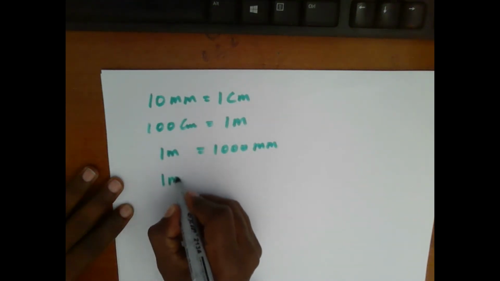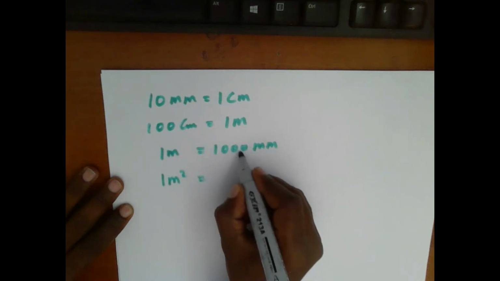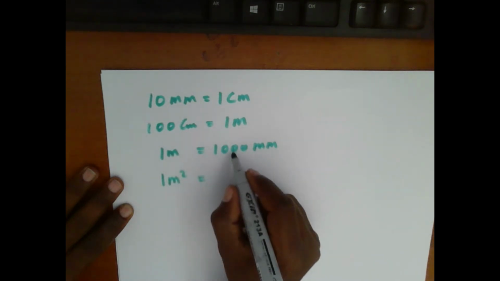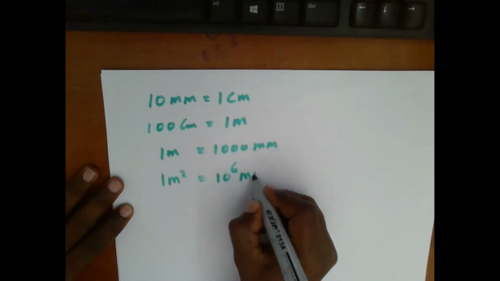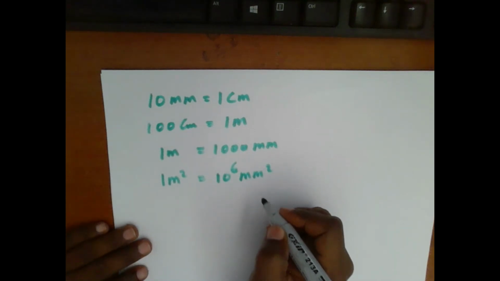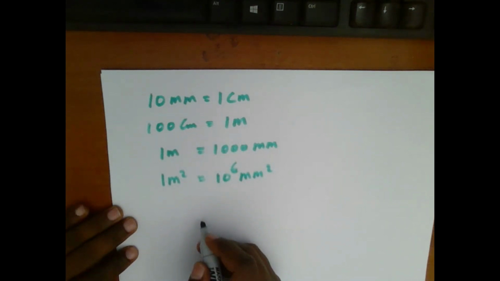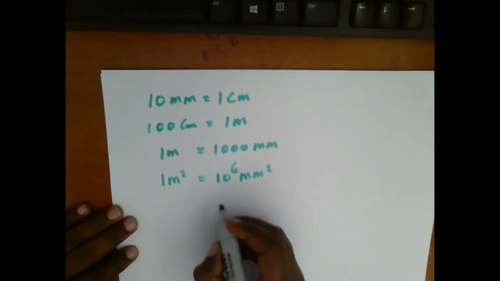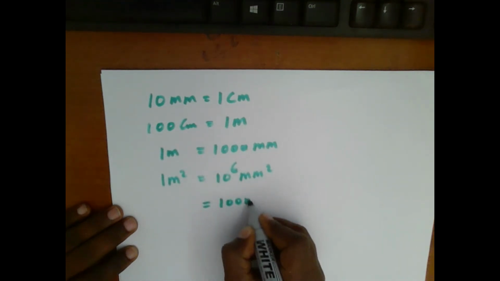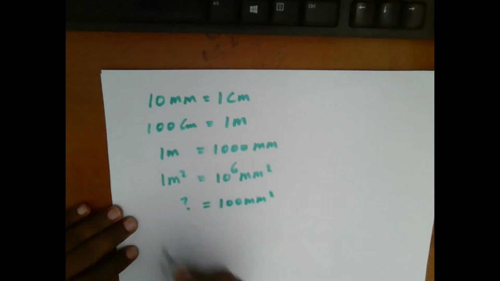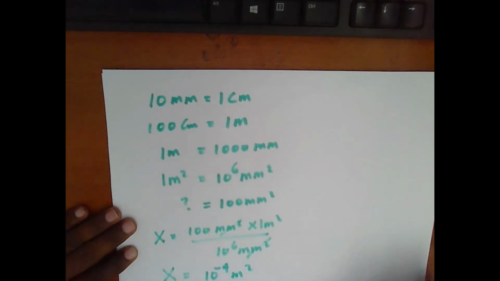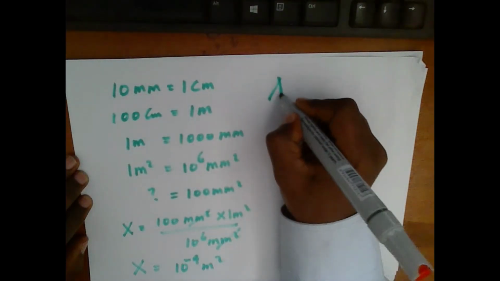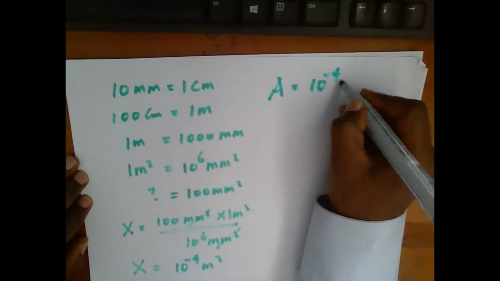This means that 1 meter square is equal to 10 raised to 3, squared, so 10 raised to 6 millimeter square. The given value is 100 millimeter square. So if we have 100 millimeter square, what will it be in meter square? So x will be equal to 10 raised to minus 4 meter square. x means area, therefore area is equal to 10 raised to minus 4 meter square.